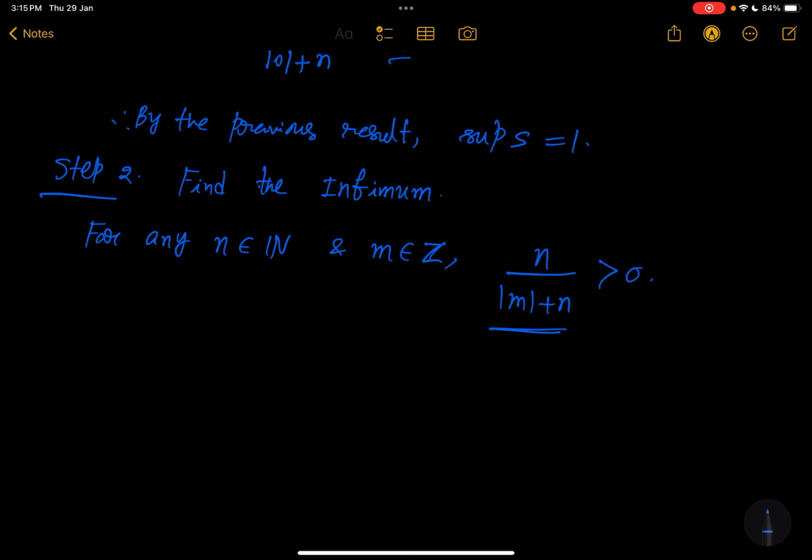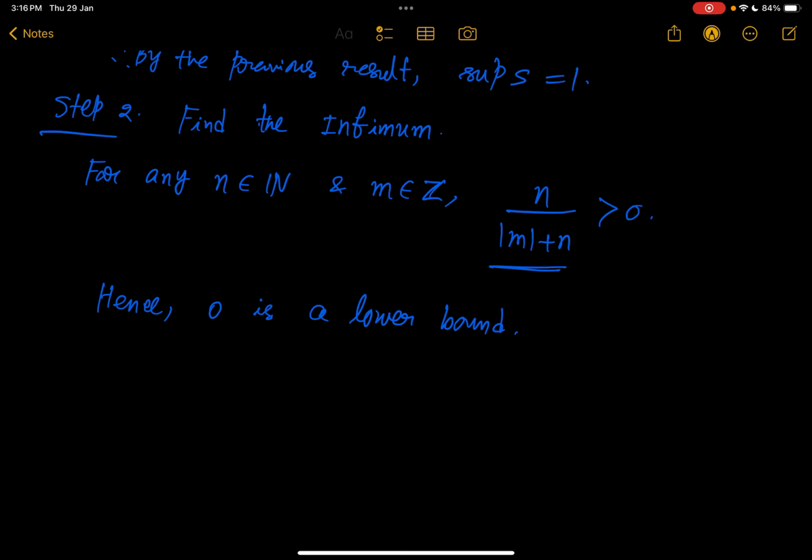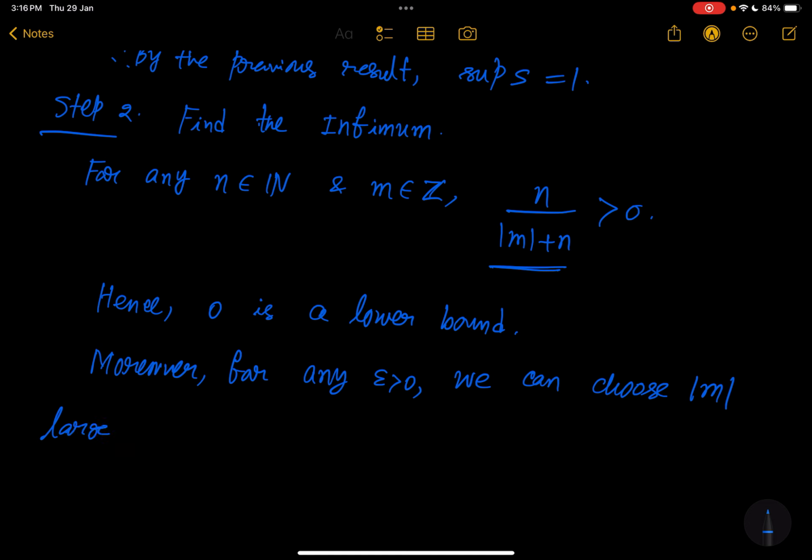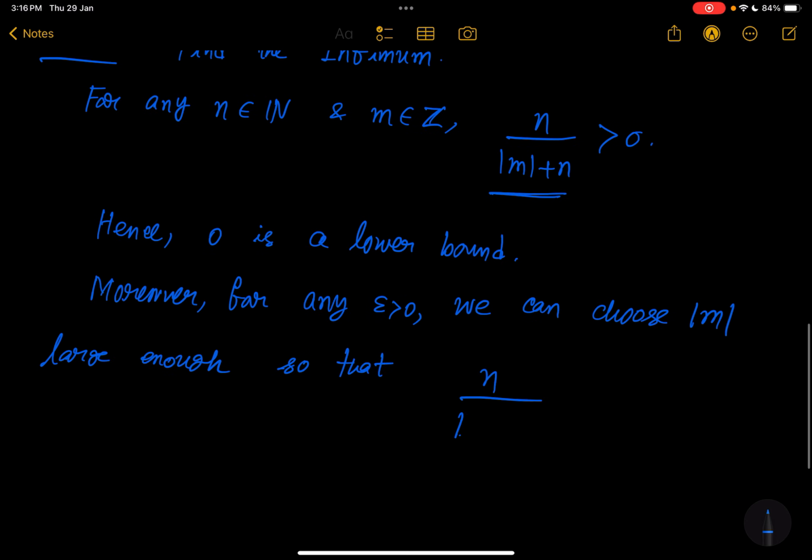Hence 0 is a lower bound. Moreover, for any epsilon bigger than 0, we can choose mod m large enough so that small n by mod m plus n is less than epsilon.